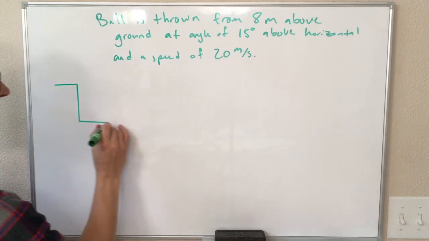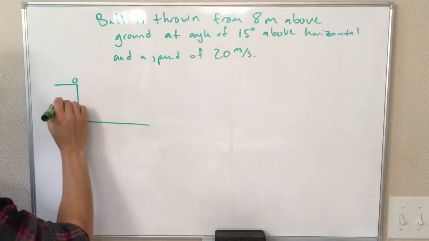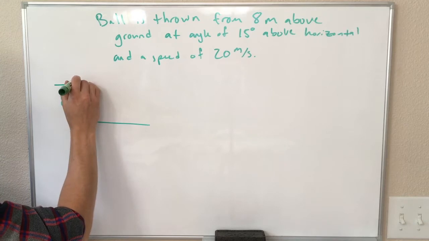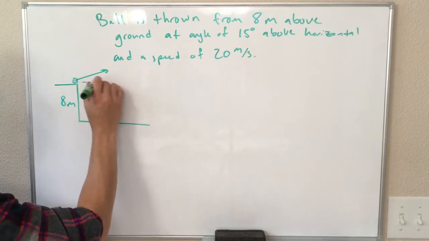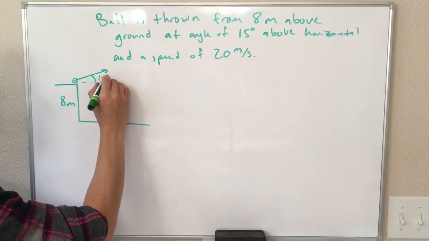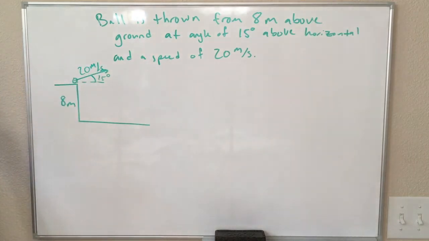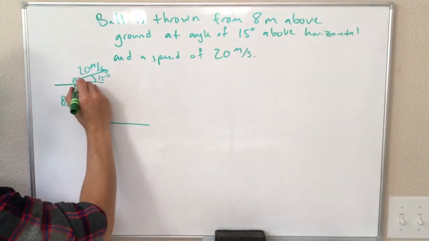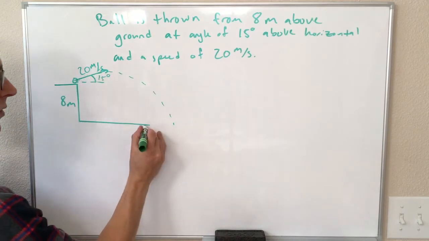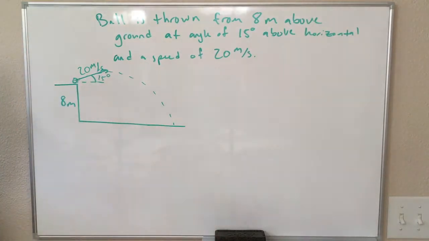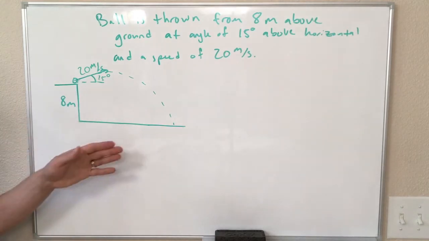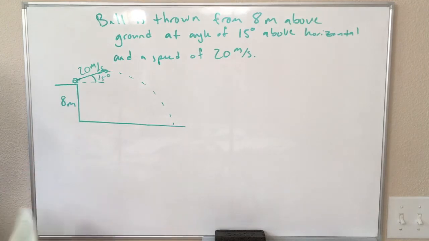We have a ball that's 8 meters above the ground, being thrown at an angle of 15 degrees with a velocity of 20 meters per second. The ball is going to follow some path like this, and it's going to end at a different x position and different y position than where it started.